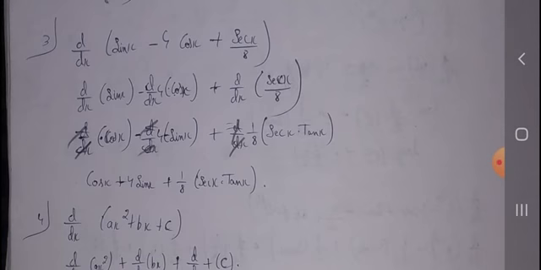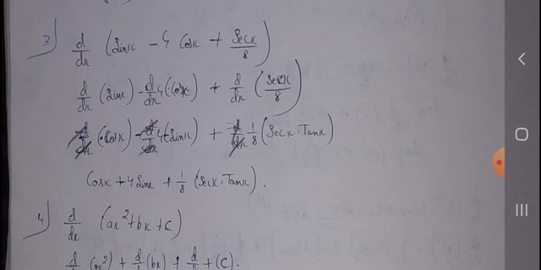Next, d by dx sin x minus 4 cos x plus secant x by 8, so therefore d by dx sin x plus d by dx 4, as I said, out you have to take, and cos x plus d by dx secant x by 8, that secant x you have to keep there only, and you have to take 1 by 8 outside.